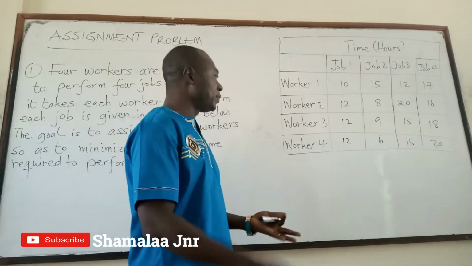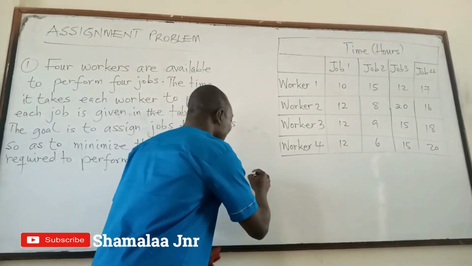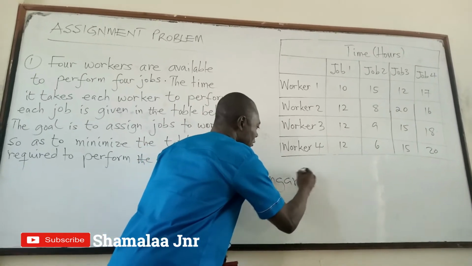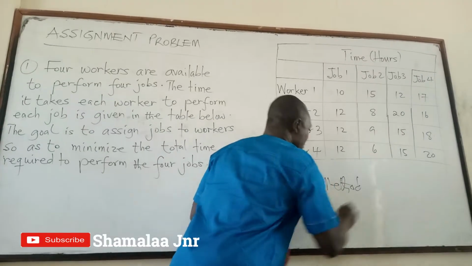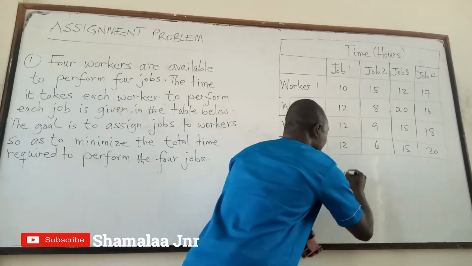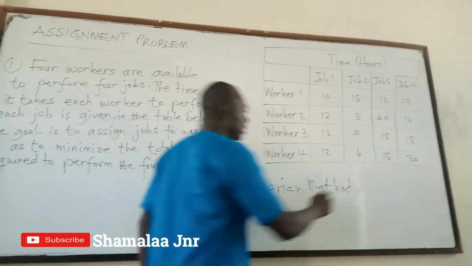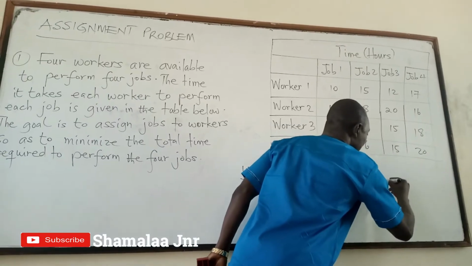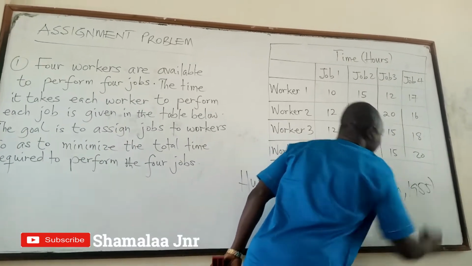To do this, you are going to employ what we call the Hungarian method. This method was developed by Kuhn in 1955.